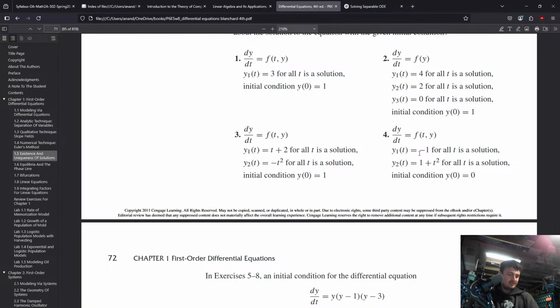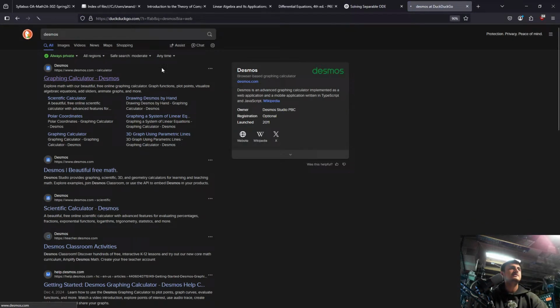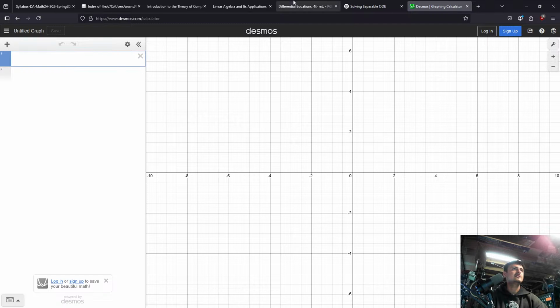Okay, so we have y dot equals f of t, y, so it's not autonomous. And then we have y1 of t is equal to t plus 2, and y2 of t is equal to minus t squared. If we were to plot this, dude, I actually like Desmos. I was hating on Desmos because it's what I used in high school, but it's not so bad.